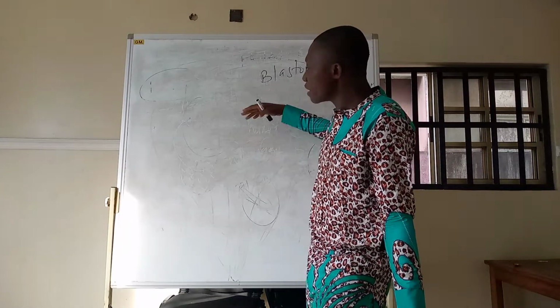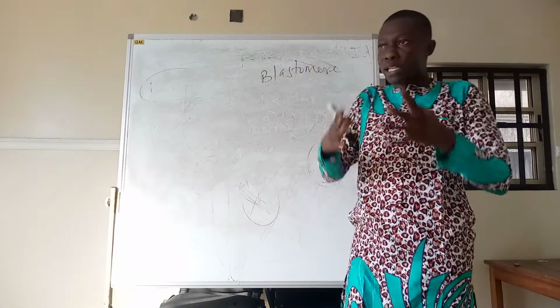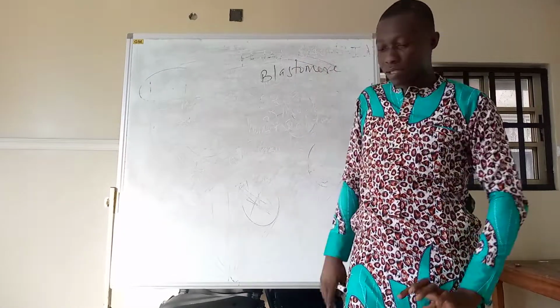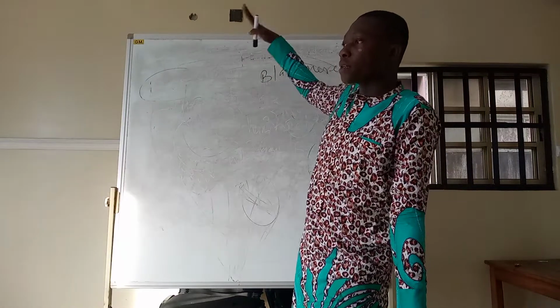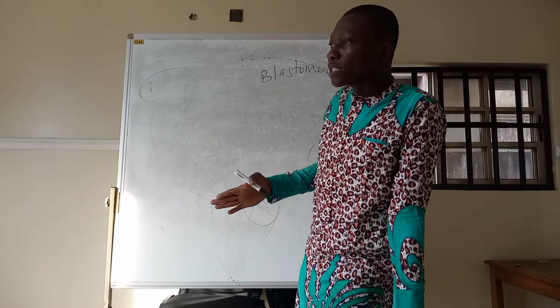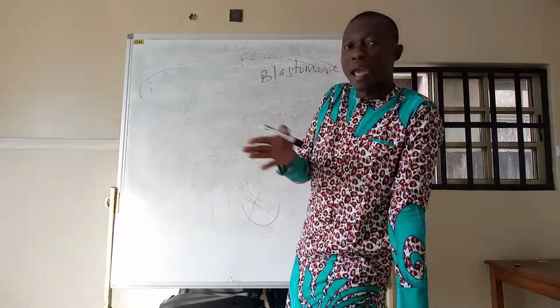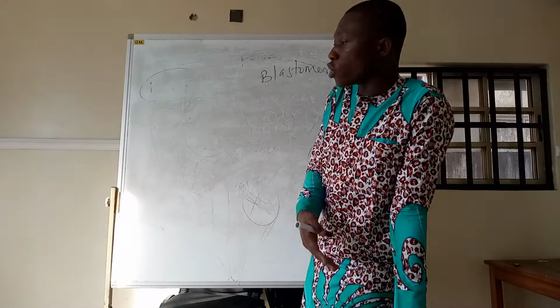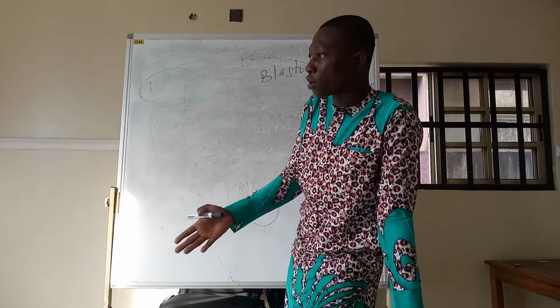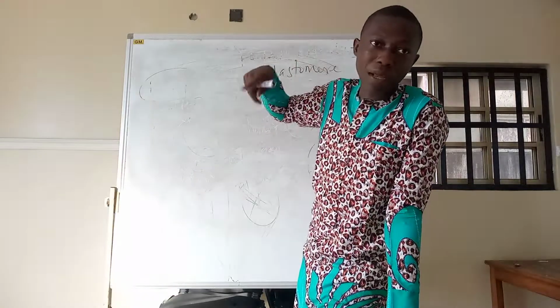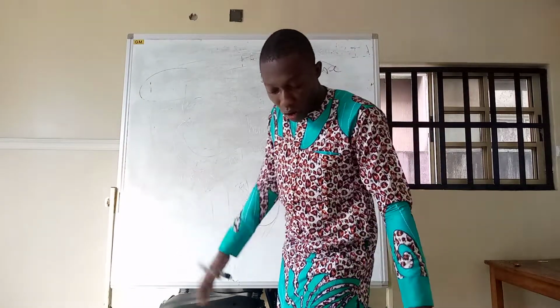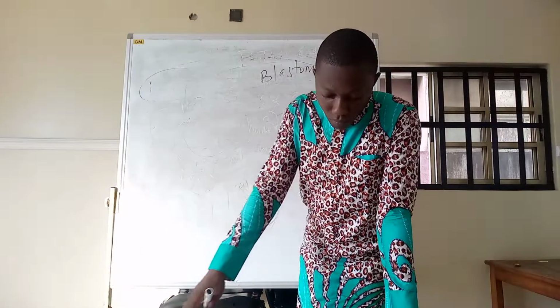The reason for this surrounding is so that the vicinity that houses the blastocyst will not be terminated by the outside environment. So when the morula enters the uterine cavity, becomes a blastocyst and gets ready for implantation, the zona pellucida is what? Shed off. Alright? Let's write.